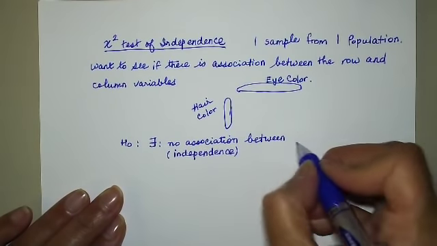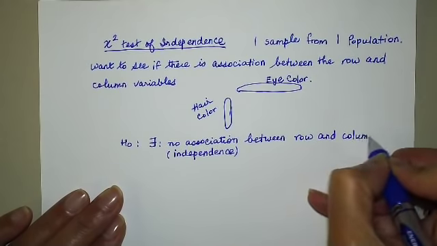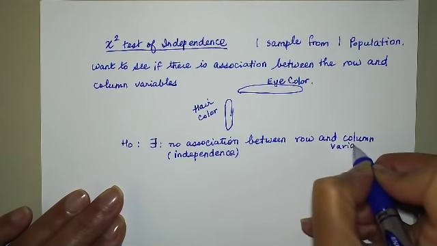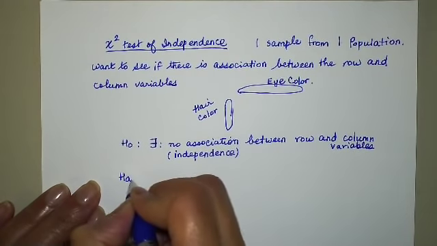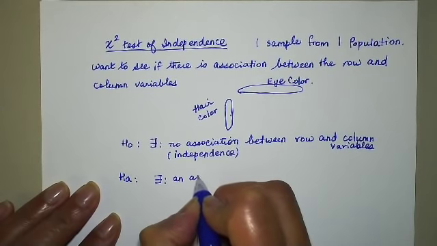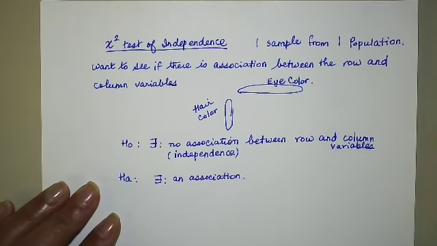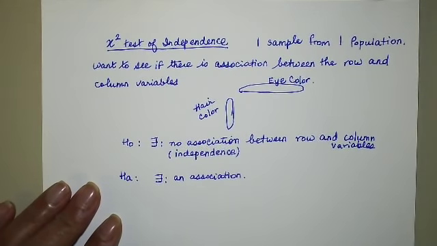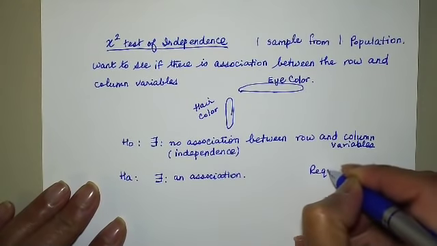Meaning independence. Meaning there is independence between the row and column variables. And HA says there exists an association between row and column variables.